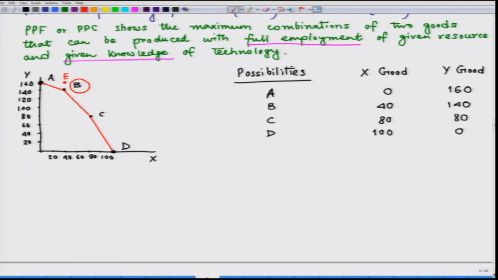A firm cannot simultaneously produce 40 units of X good and 160 units of Y good because of the resource constraint issue. So, if the firm decides to produce more of X good, the firm has to reduce some amount of Y good, and that reduction or sacrifice has to follow these straight lines or this frontier.